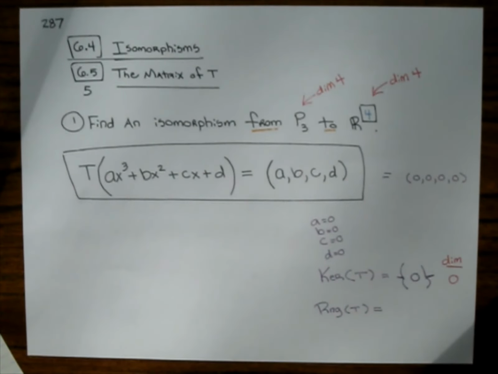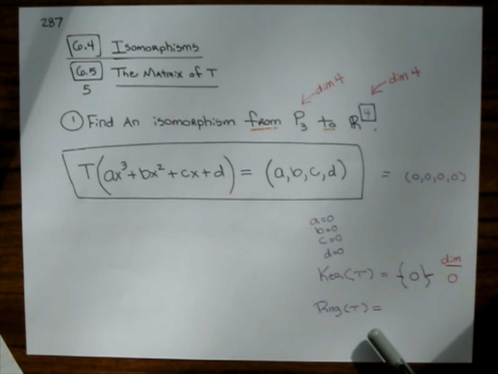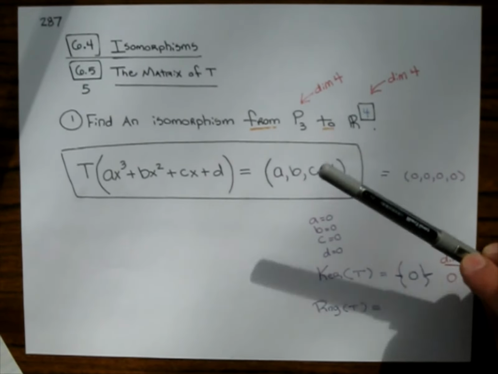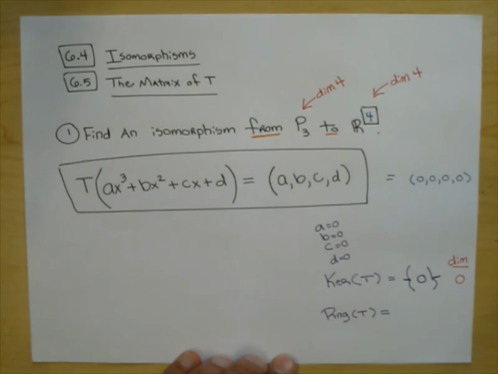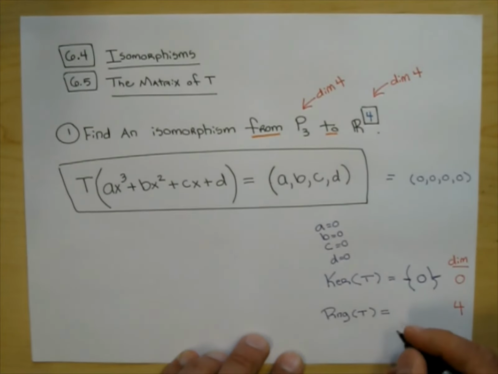We know that the dimension of the kernel plus the dimension of the range has to equal the dimension of the domain, which is 4. That's from the general rank nullity theorem. So we know that the range has to have dimension 4, and it lives in R4, so the range has to be R4 itself.